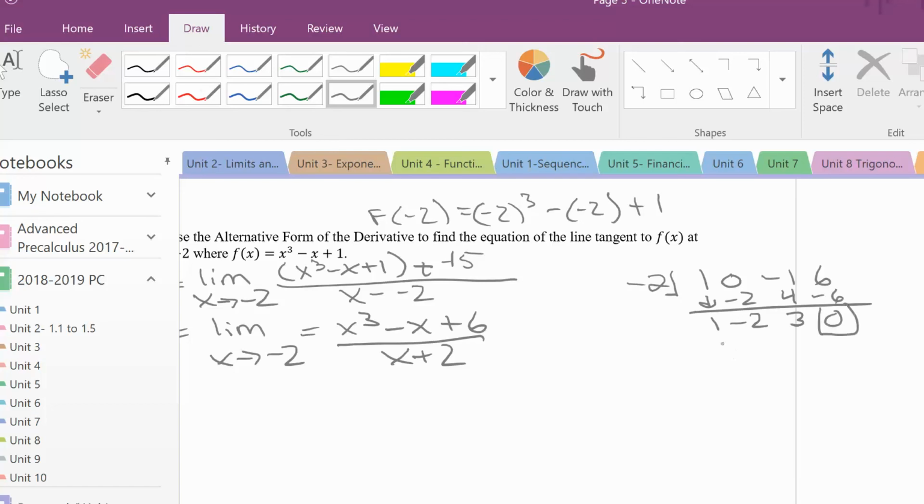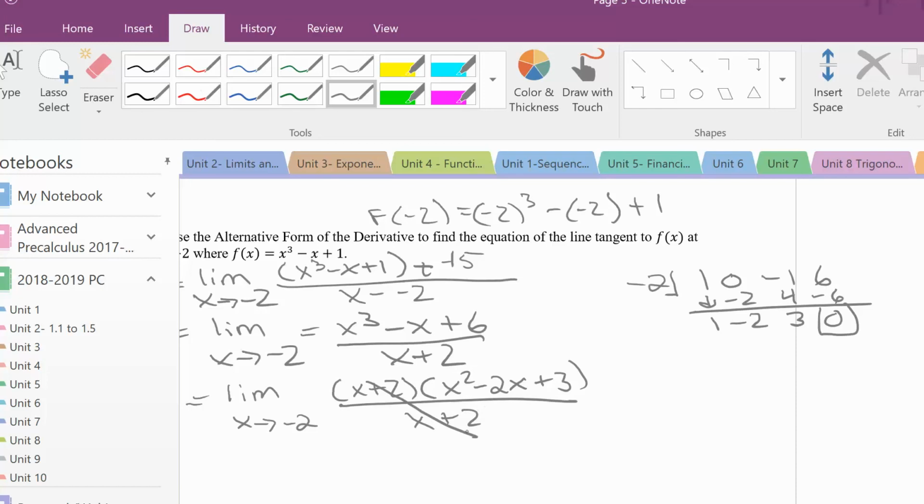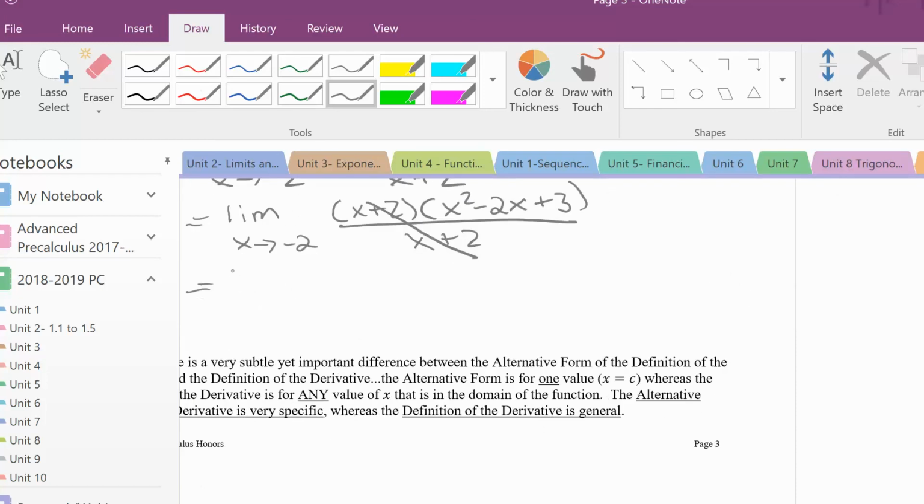So that means I'm left with, after I factor this, x plus 2 times x squared minus 2x plus 3 over x plus 2. So notice the x plus 2's cancel, and that means it's the limit as x approaches -2 of x squared minus 2x plus 3. So when you put the -2 in, you get 11. So that means that's the slope.